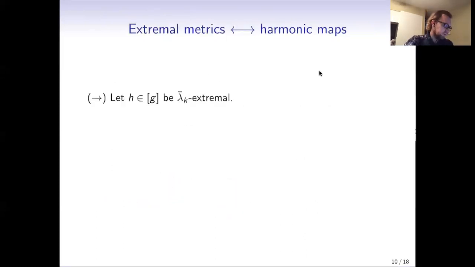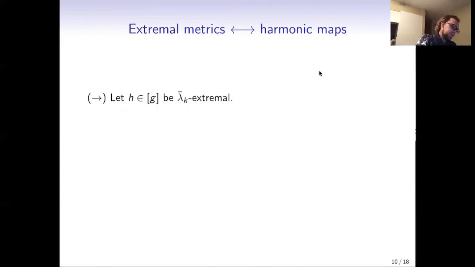And now we can establish this correspondence between extremal metrics and harmonic maps. Let me explain one direction. Suppose we have h in the conformal class of g, which is extremal for the normalized eigenvalue, the kth normalized eigenvalue.